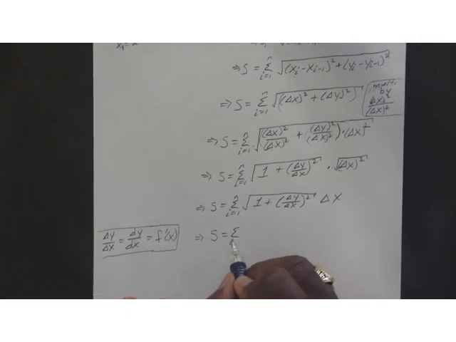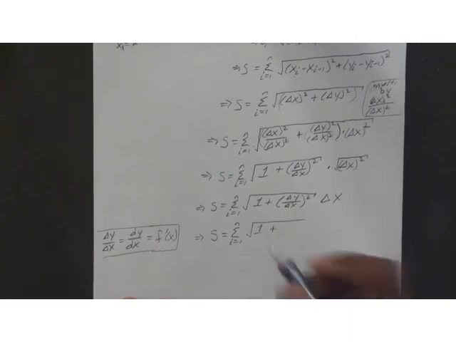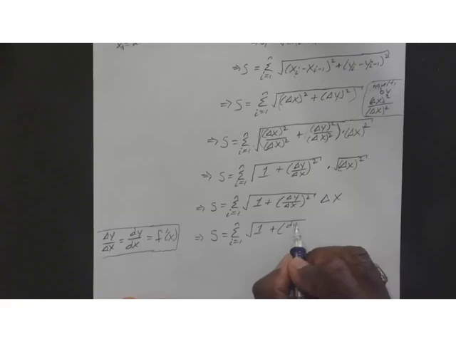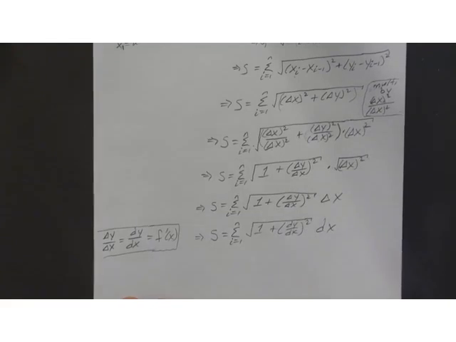So you know that arc length is equal to the sum from i equals 1 to n of the square root of 1 plus dy dx squared. And that delta x, we can just replace that with dx.